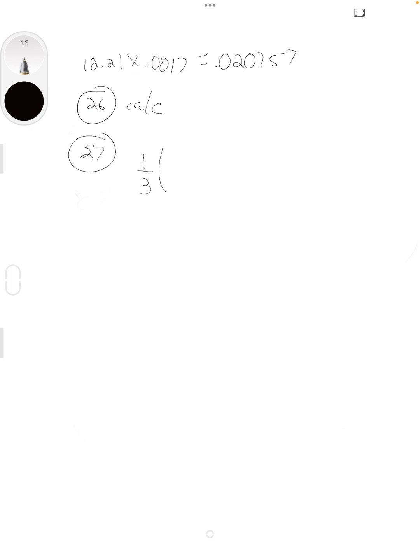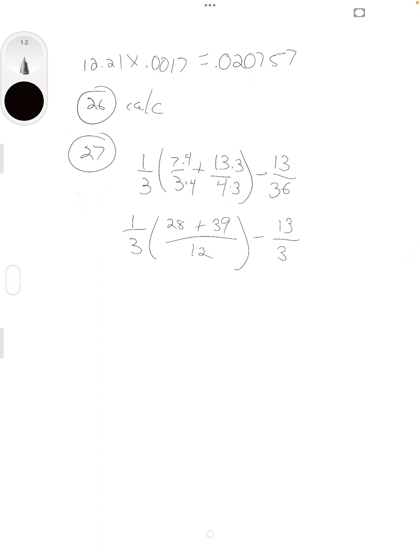1/3 times 2 1/3, which I'm going to just make 7/3, plus 3 1/4, which I'm going to make 13/4, minus 13/36. Okay, let's get a common denominator on the inside here. So now I have 12s at the bottom, so this becomes 1/3 times 28 plus 39 over 12 minus 13/36.